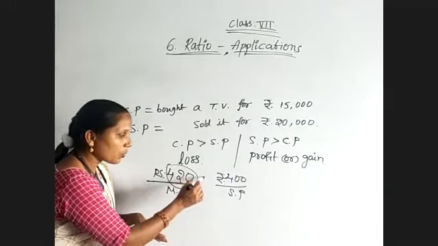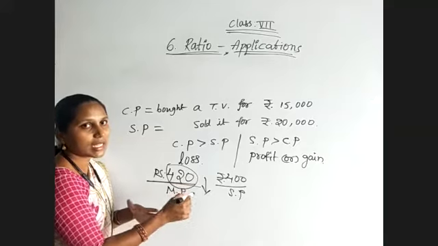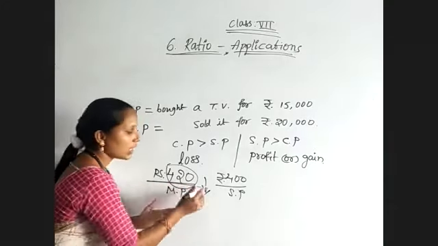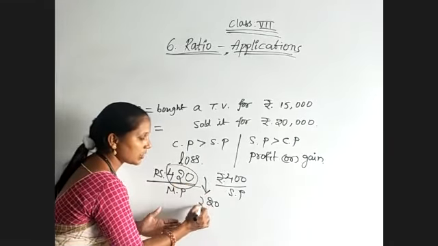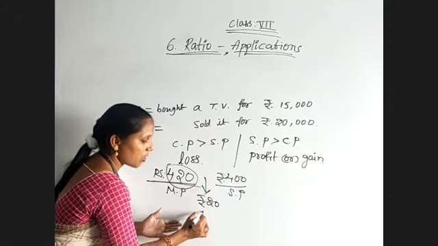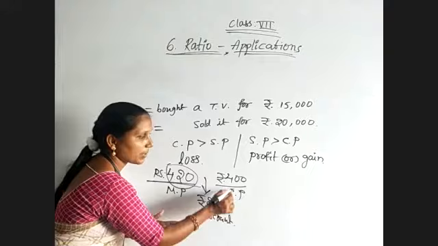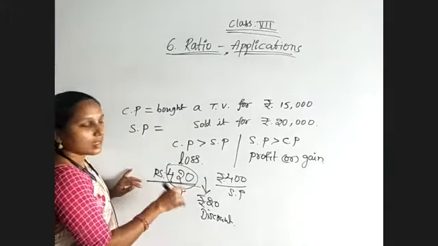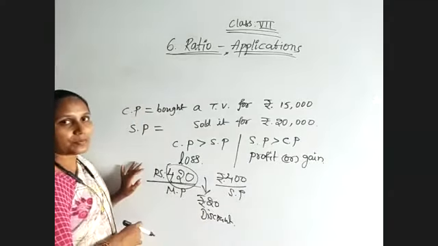How much amount was reduced: 420 minus 400, 20 rupees was reduced. This 20 rupees is known as discount. After discount you are paying to the shopkeeper 400 rupees. Original price is market price, reduced amount is discount, and paying amount is SP.